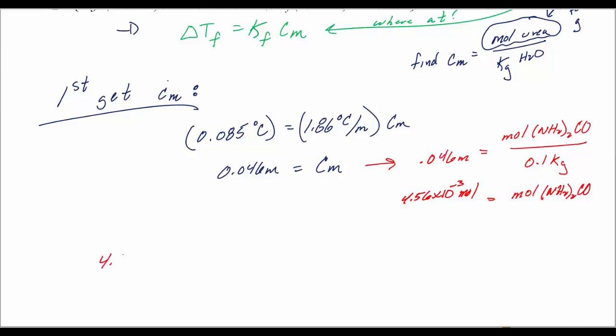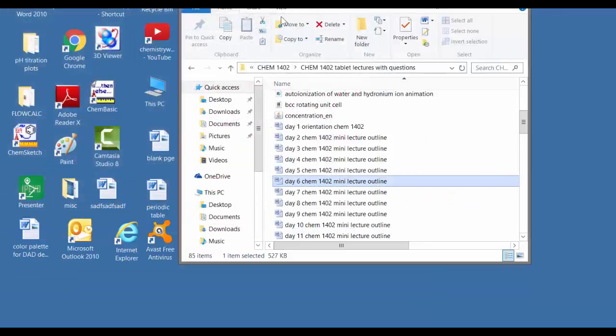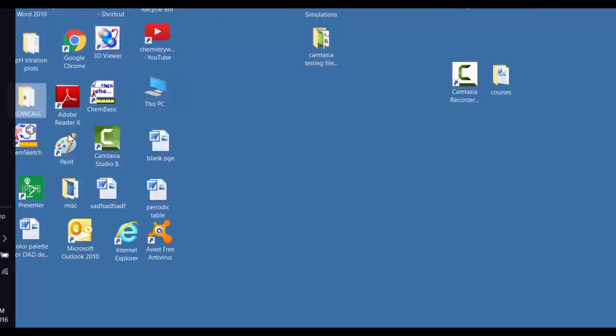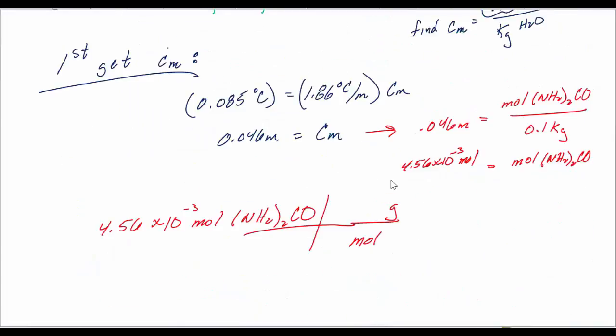So I have 4.56 times 10 to the negative 3 moles of this urea, and in a mole of how many grams? So we've got 2 nitrogens. Where's my periodic table? Make sure I'm doing this right. Nitrogen is 14.01. That's what I was going to guess. 14.01.